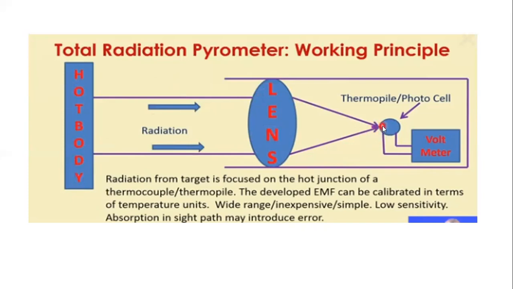One junction of the thermocouple is connected here, and that junction will reach a particular temperature because of the intensity of radiation coming from the hot body. This thermocouple arrangement will produce a voltage on this voltmeter, which is directly proportional to the temperature of this hot body.